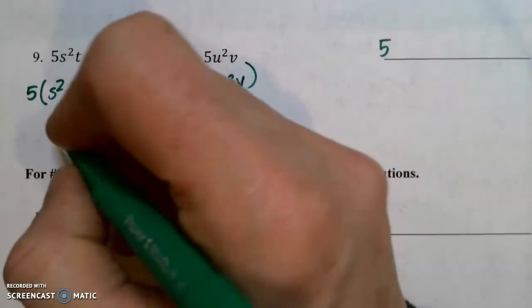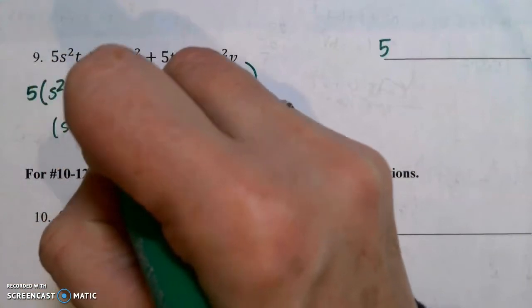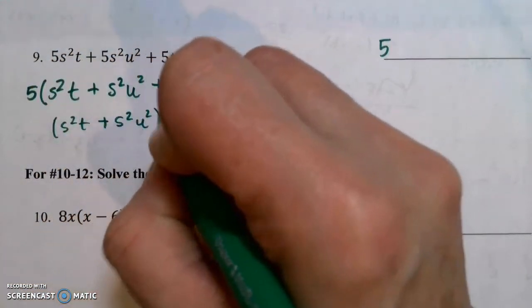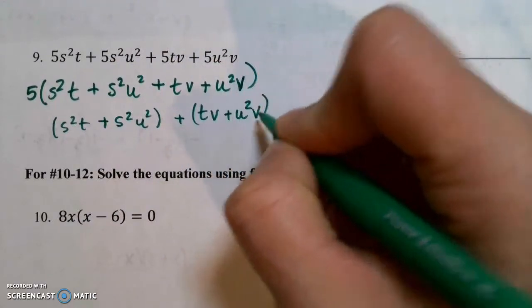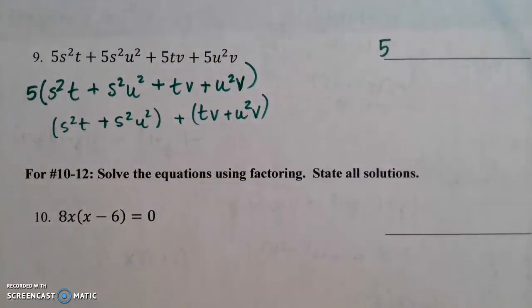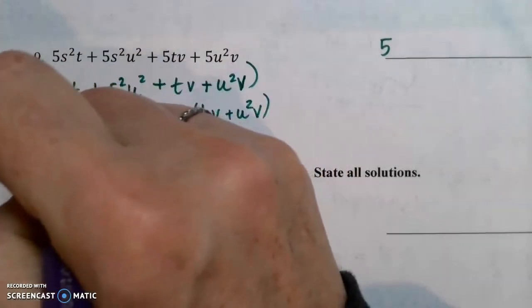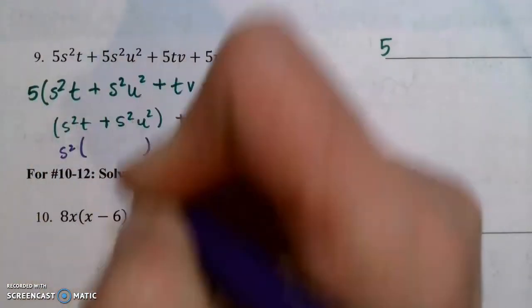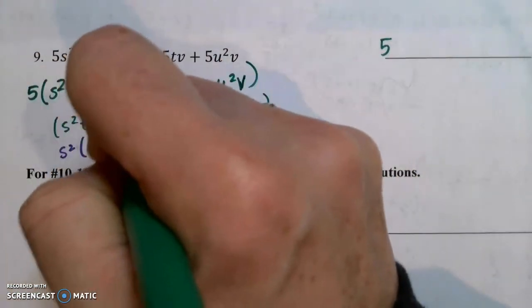And then I'm going to focus in on looking at these as a factoring by grouping situation. So in the first set of parentheses, we can factor out an s squared, leaving behind a t plus u squared.